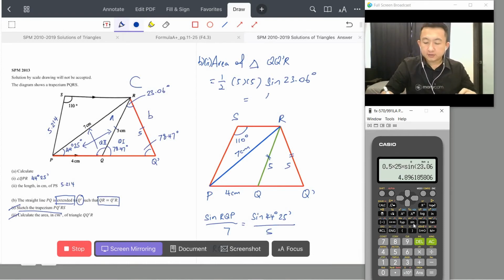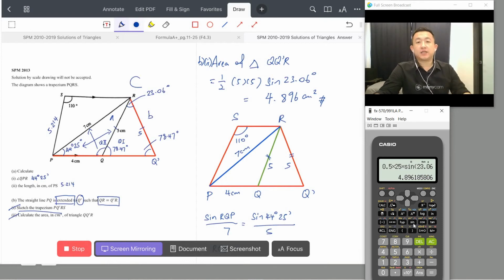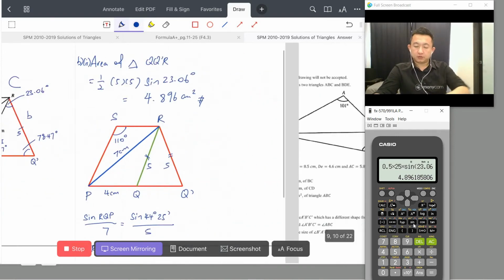So your answer should be 4.896 cm squared. Okay, and that is the answer for SPM 2013's ambiguous case.